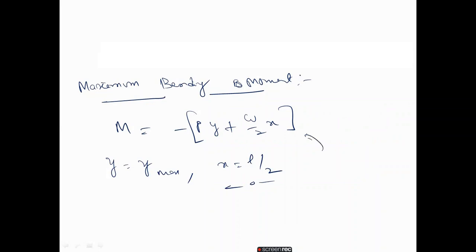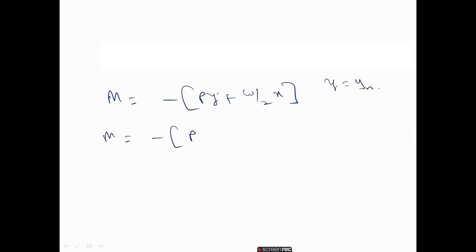So M equals minus P y max plus W by 2 into L by 2.